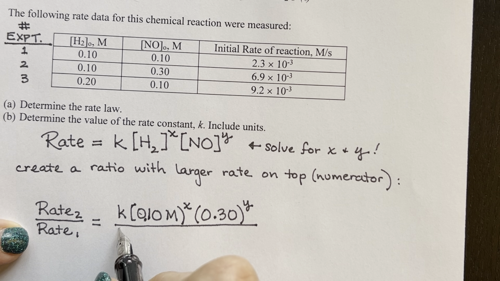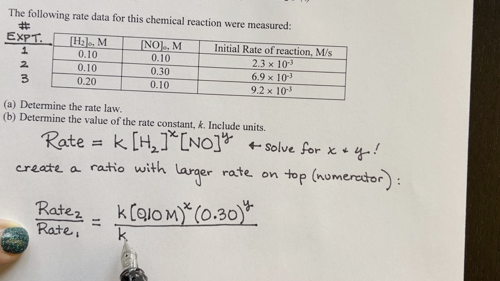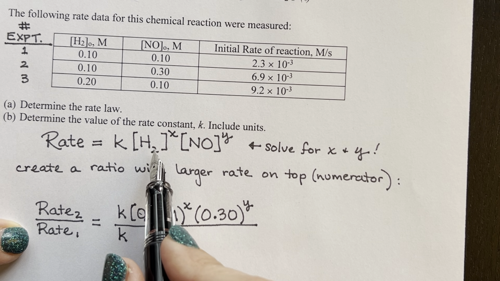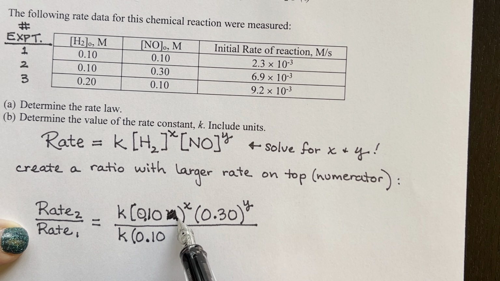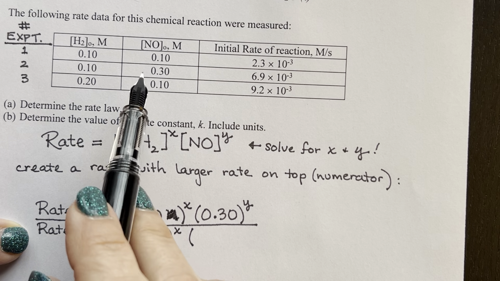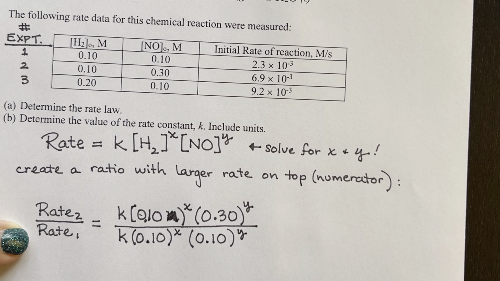So we have the form of the rate law. Rate equals K times the concentration of H2. For experiment 1, it was 0.10. Oh, I put molar here and I didn't put it there. Let's just keep molar out because they're going to cancel out. All right, x. And then what's the concentration of NO here? It's 0.10, and that's raised to the y.